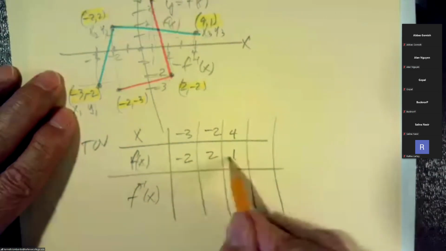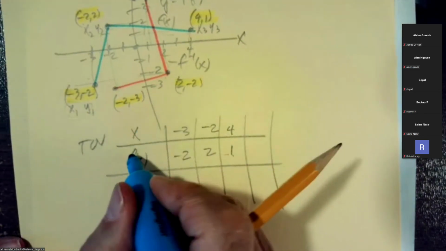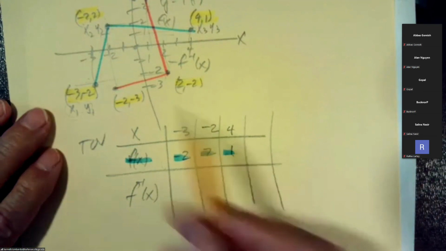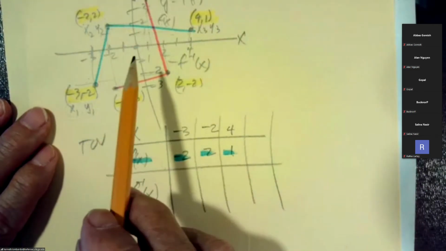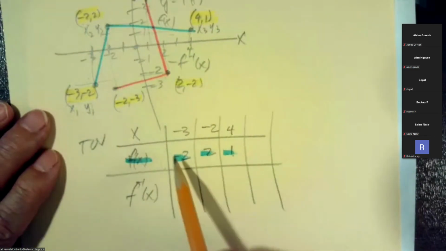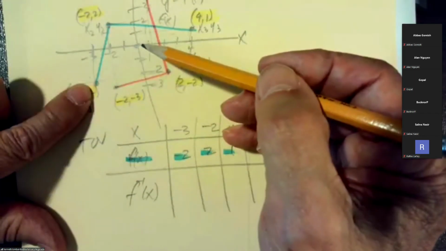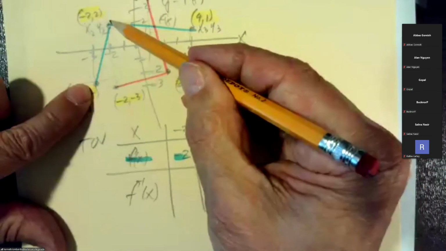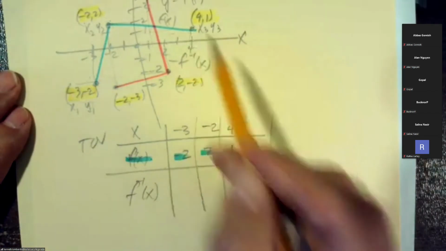Here's my f of x values, which I'll put in the same color here: -2, 2, and 1. So f of x at -3, I was at -2. At -2, I was at +2 for my f of x value. And at 4, I was at +1, which is this value out here.